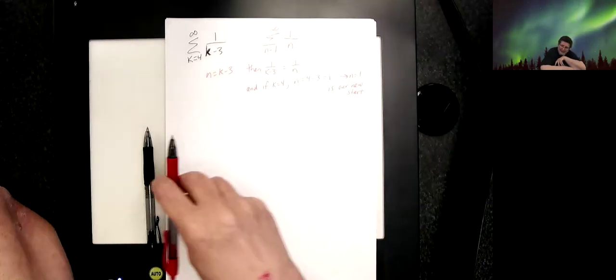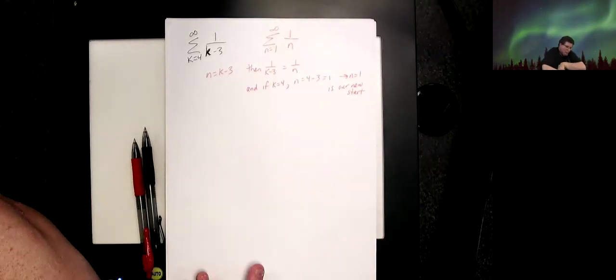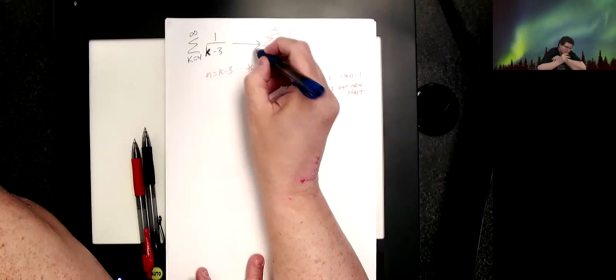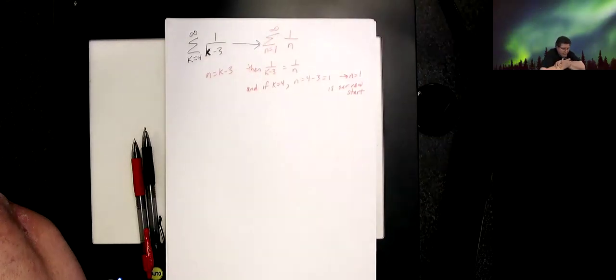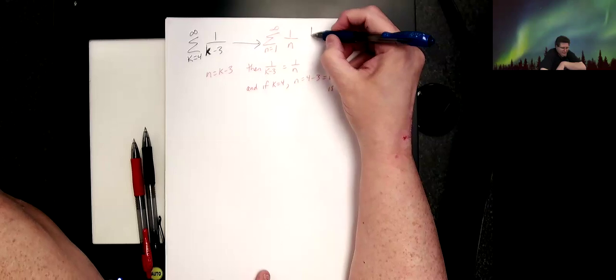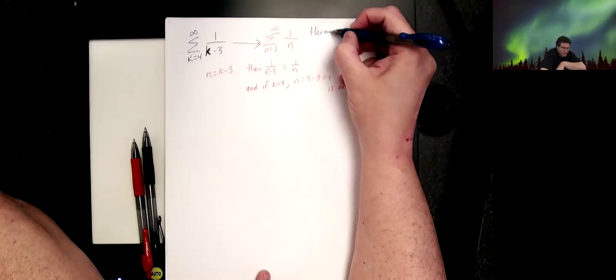So I can rebrand the sum from k equals 4 to infinity of 1 over k minus 3 as something with a different index, n, starting at 1 to infinity. This is something where we can see this is harmonic and thus diverges.